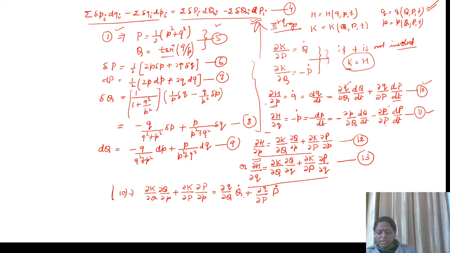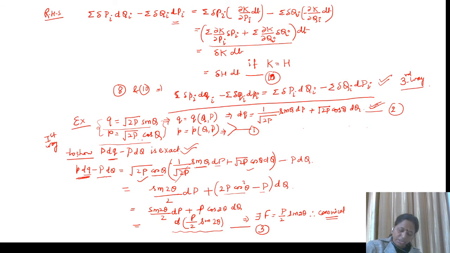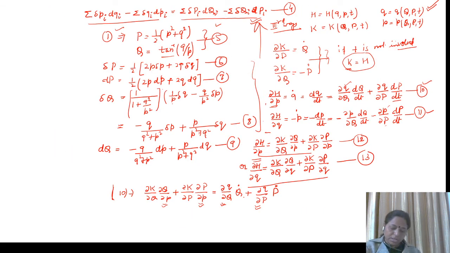Now what is left to do? Just put its value, put its value, and put its value. You put the 4 values with the help of 4 equations. You can find ∂Q/∂P, you can find ∂P/∂P, because you have 4 relations. These are the 2 relations. Similarly, these are the 2 relations.